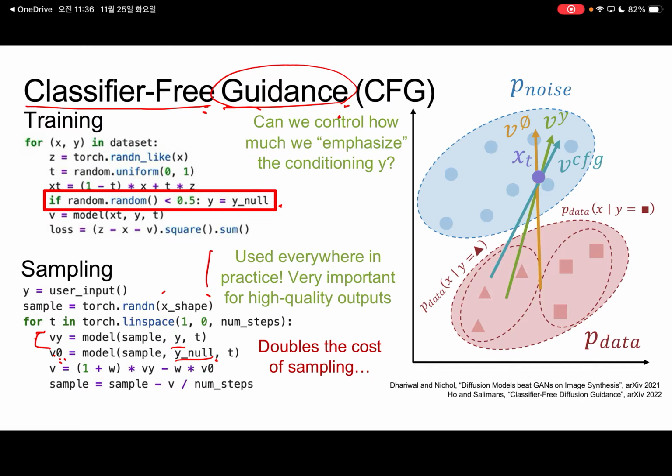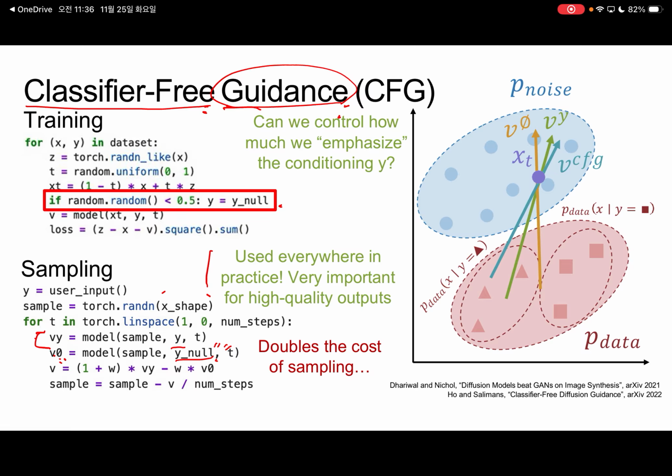For example, if you want to generate images with a text prompt, then we can set y null as the empty string, so that inside the model, it outputs two kinds of vectors, and then in the outputs, we have a weight balance between Vy and V0 to get good quality outputs.